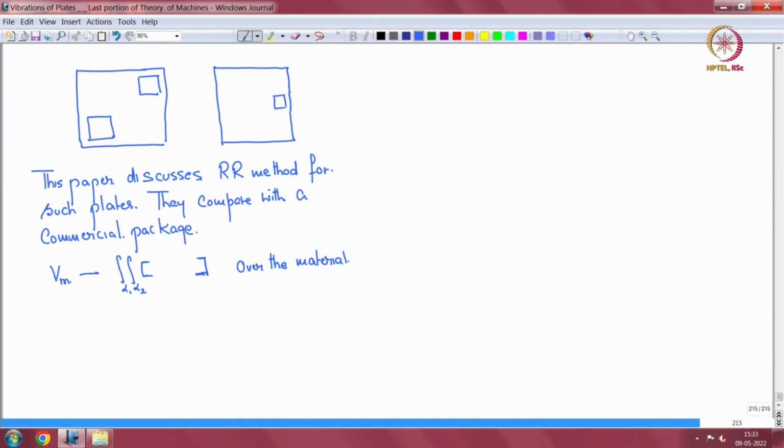That means you set your limits on alpha 1, alpha 2 such that the voids are avoided. Similarly, in computation of the kinetic energy function, you take the limits in alpha 1, alpha 2, because these are rectangular plates and rectangular cutouts, such that you avoid the voids.